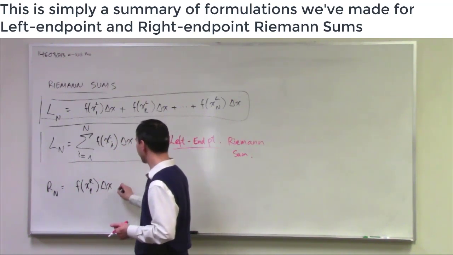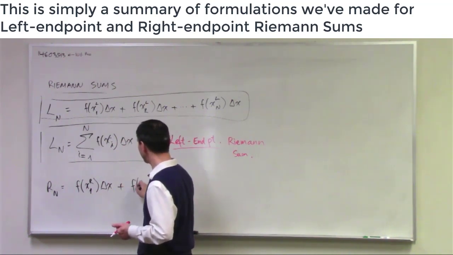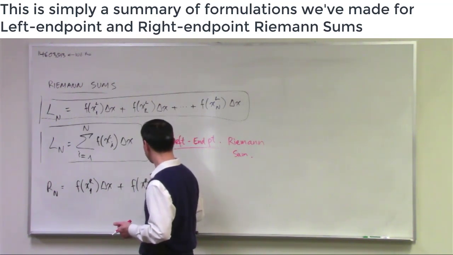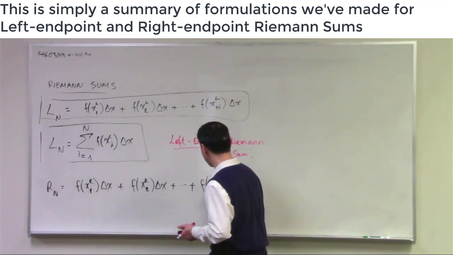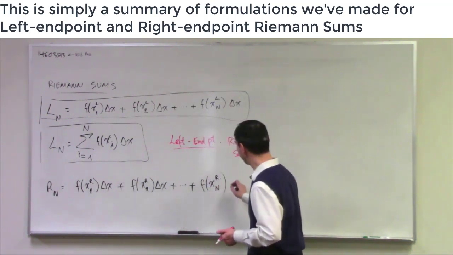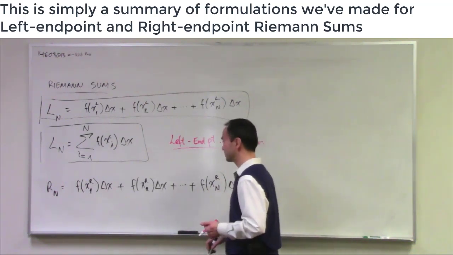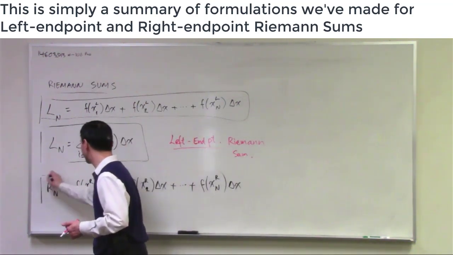Then plus the function value at the right hand point on the second interval multiplied with delta x. Plus so on and so on. Last term here is going to be the function value at the right hand point on the nth interval. Okay. Multiply with the delta x. Okay. So that's the written out form.